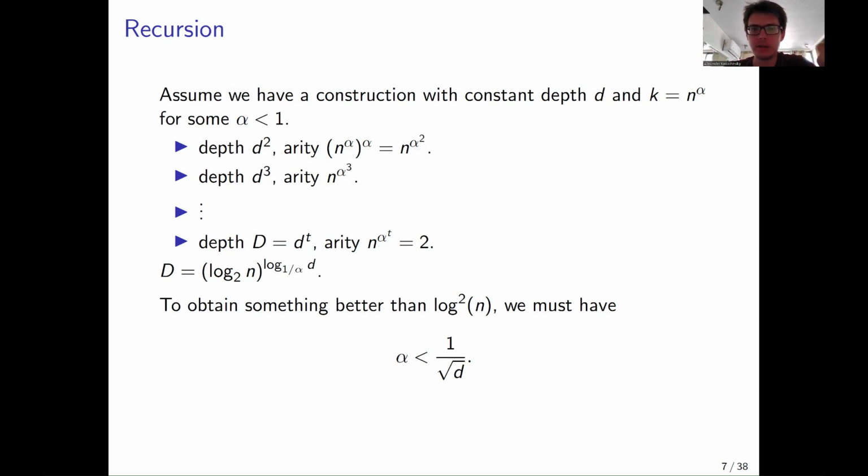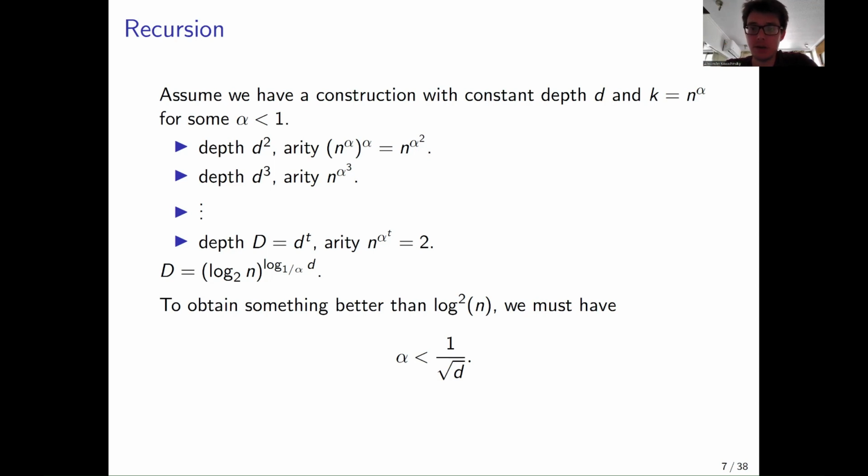And depth becomes d squared, because we have d layers, and to simulate each layer we need d more layers. We can repeat it once again, and then we will have depth d cubed and arity n to the alpha cubed, and any number of times we can do that until the arity becomes 2.